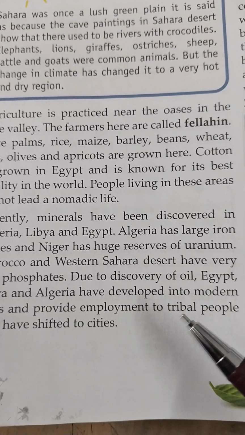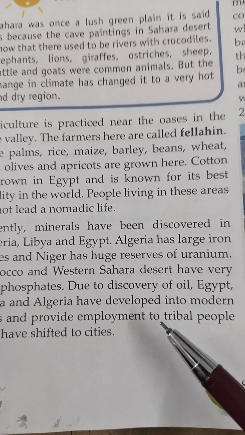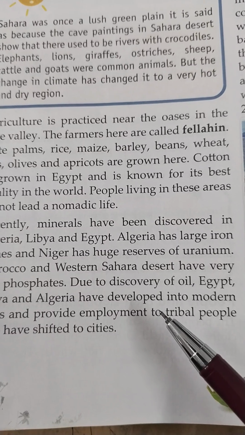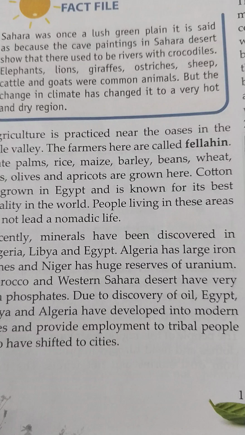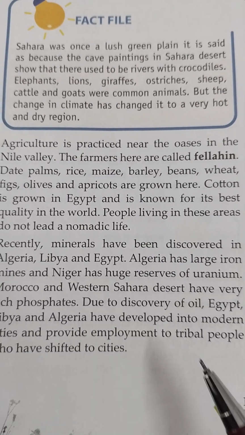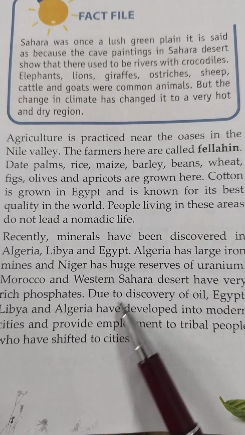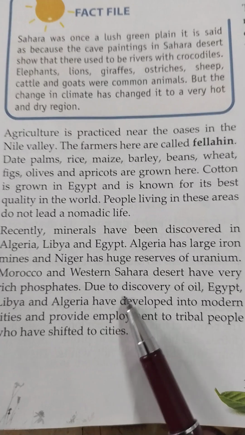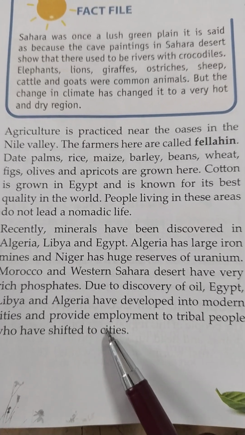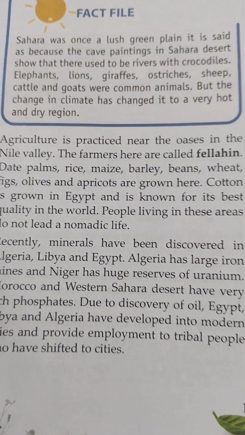We know very well that Egypt, Libya and Algeria have large quantities of petroleum, and because of this, these countries have developed into modern cities. These cities provide employment to tribal people who have shifted to cities.